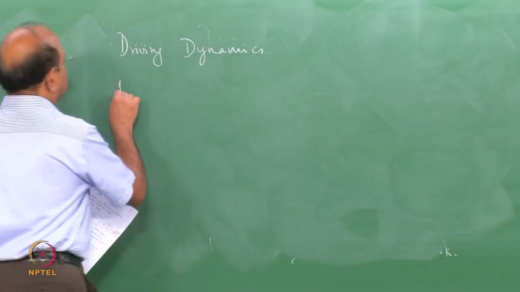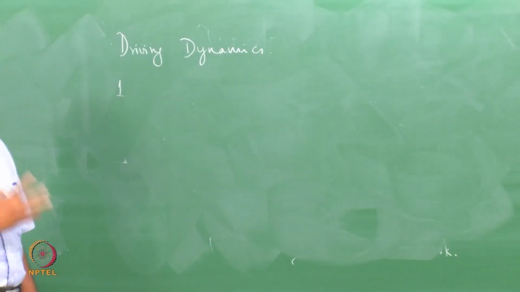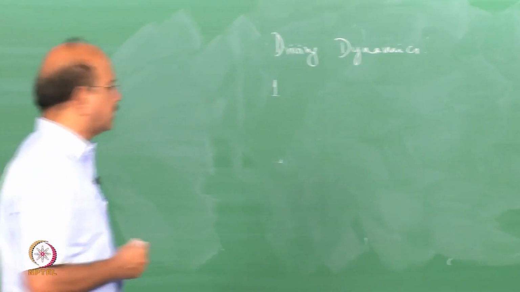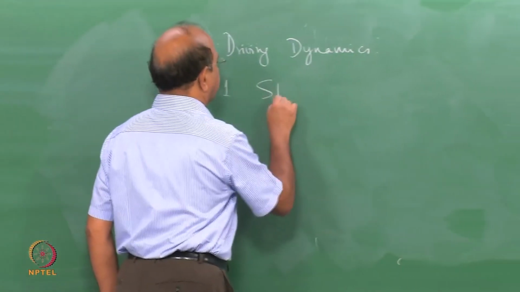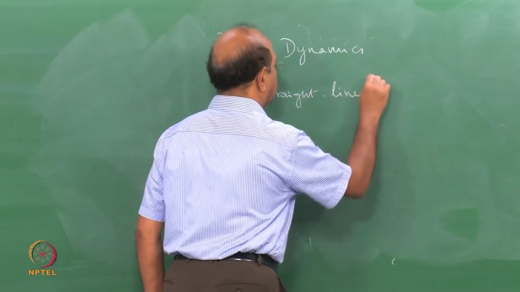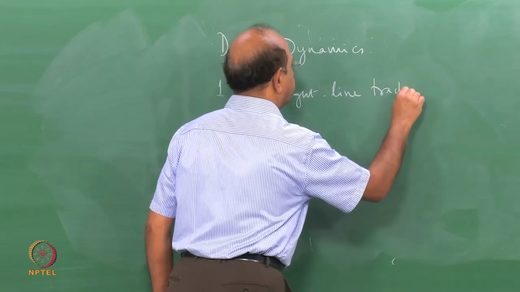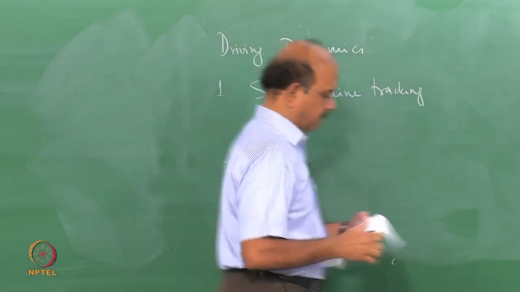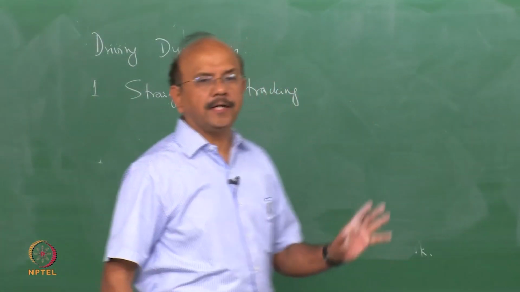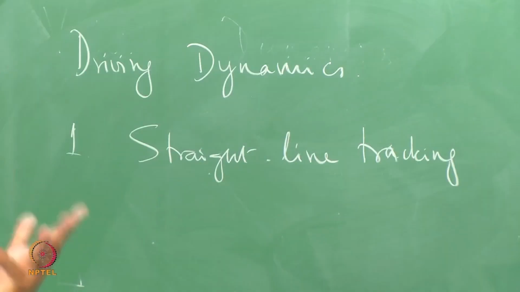When I say driving dynamics, I am going to look at the vehicle driving dynamics. The first thing that comes is straight line tracking, where we are going to study the vehicle's interaction with the external atmosphere.